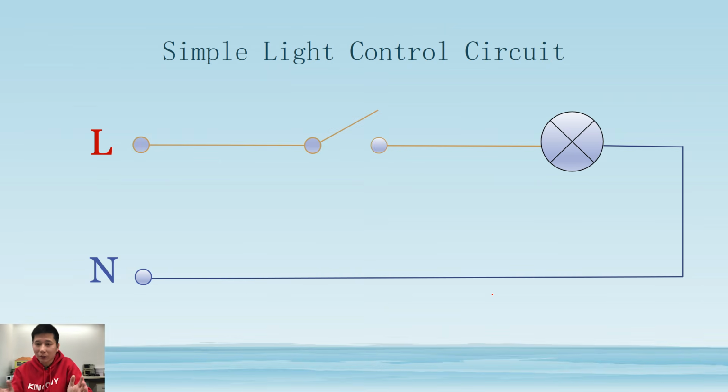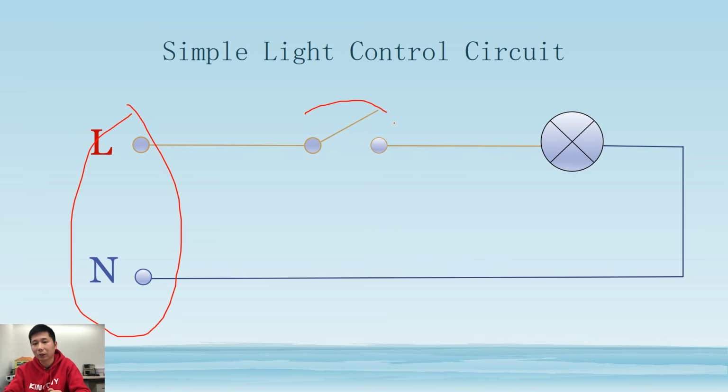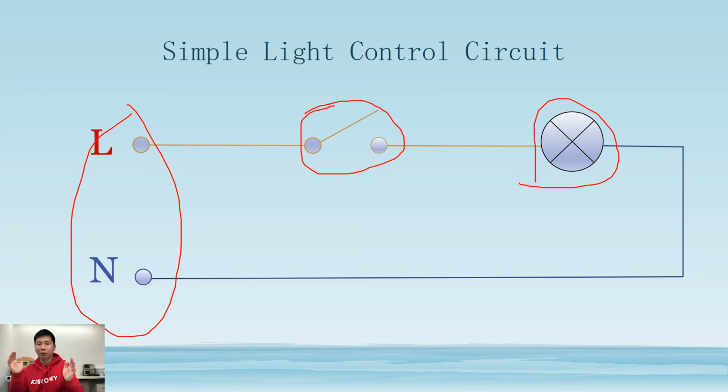You can see this is the simplest light control circuit. This is the power, 220 volt, this is a switch, and this is a lamp. Just these three parts make up the simplest light controlling circuit.